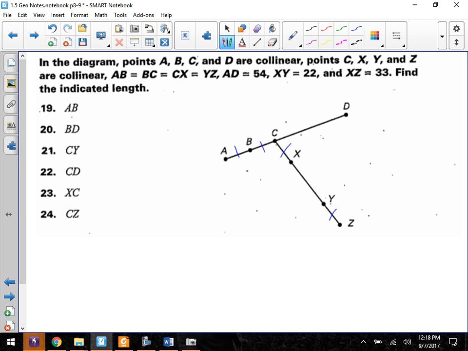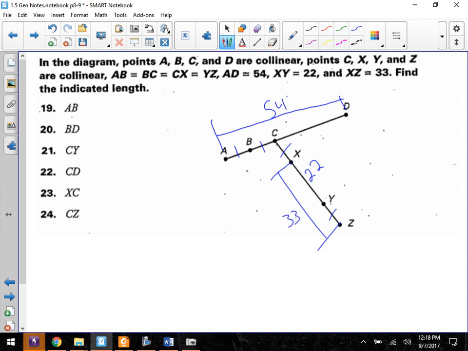Don't know what it is yet, but I know they have to be the same. I know that this whole chunk is 54, this chunk in the middle is 22, and this portion from here to here is 33.